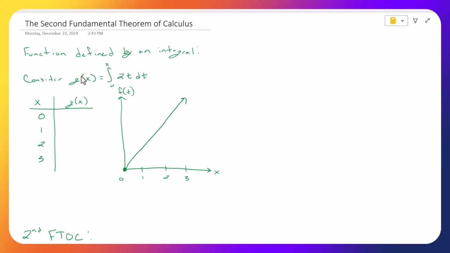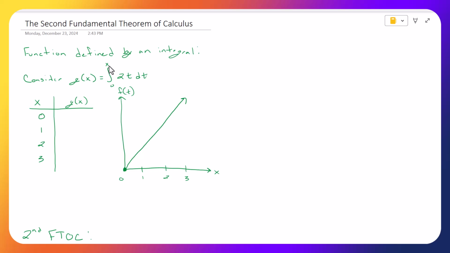Okay, and now let's look at the graph of this. This is our x, and this is our f of t. We're going to do this almost like a Riemann sum, but not exactly, still thinking of this big idea that integrals are the area under the curve. I want us to find g when x is 0, 1, 2, and 3.